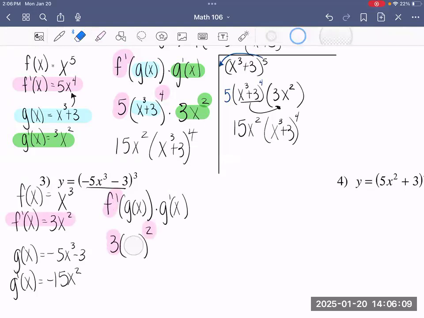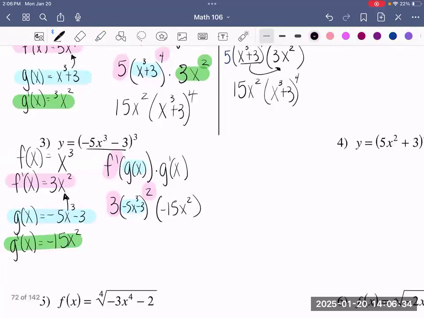But now we need to work in your g of x, which is this whole thing right here. So we need to work this portion into that particular x squared. Now let's go ahead and multiply by g prime of x. Let's go ahead and simplify.